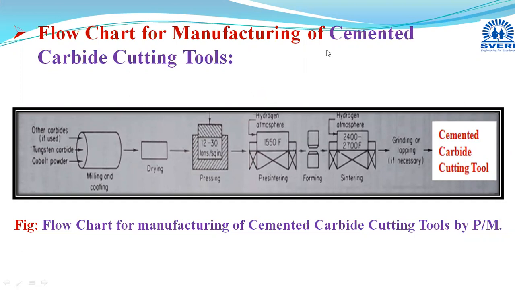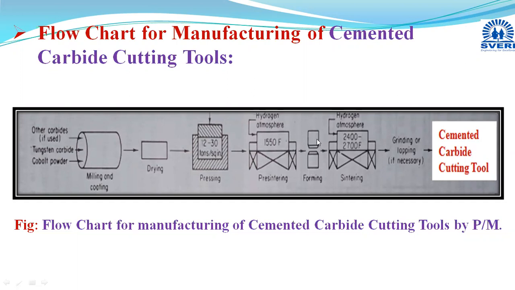to remove the oil, and then preliminary sintering is conducted at 900 to 1150 degrees Celsius to give sufficient strength and hardness. Then, if required, the sizing operation is performed in between the preliminary and final sintering.